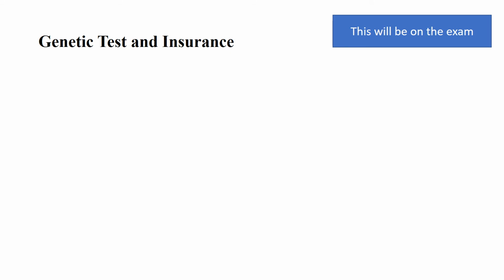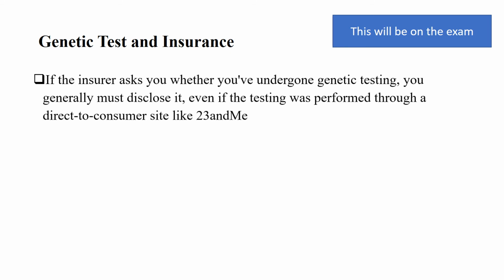Be careful here. During the underwriting process, the insurer may ask you whether you've undergone genetic testing. You need to disclose it. Okay? You need to be honest, even if the testing was performed through a direct-to-customer site like 23andMe.